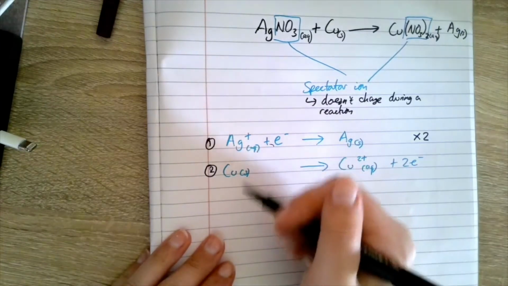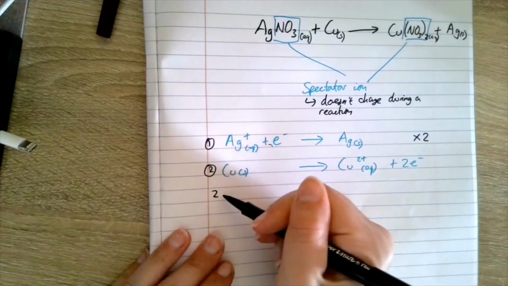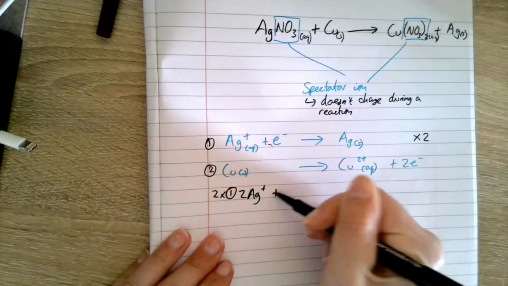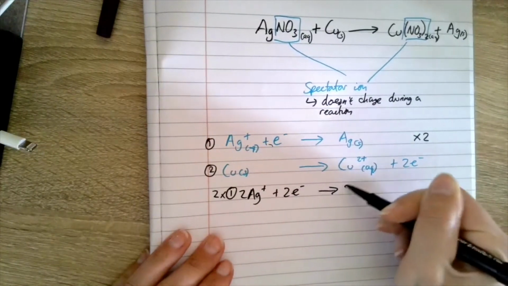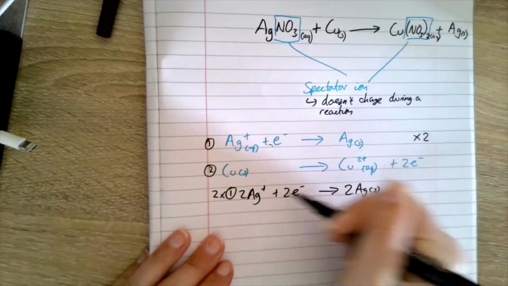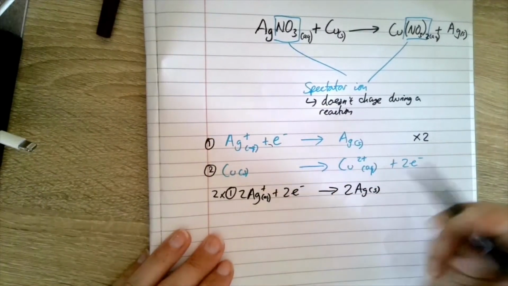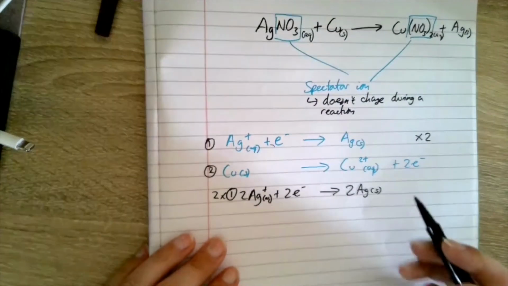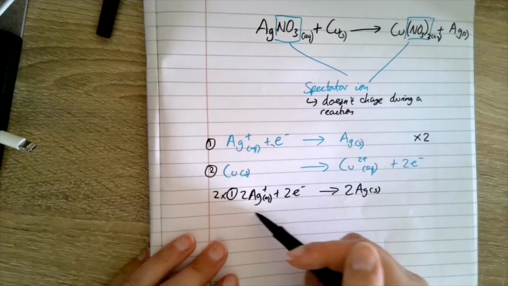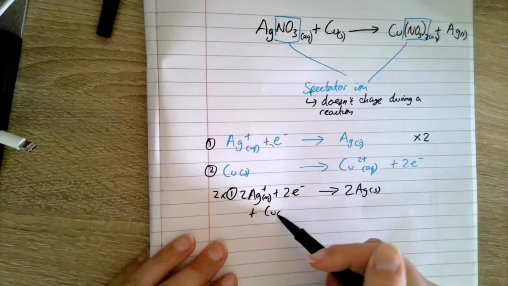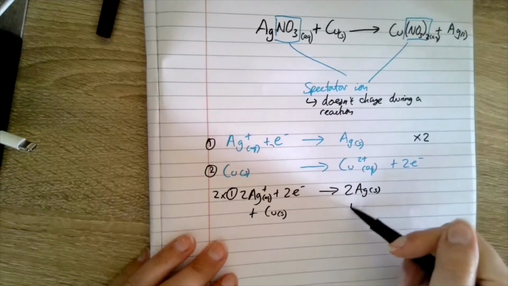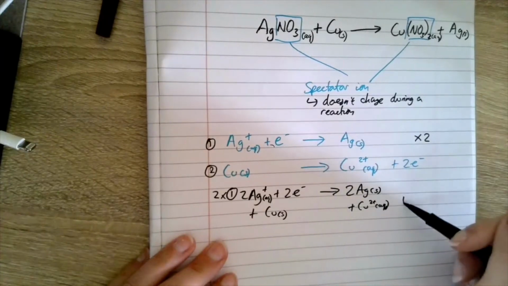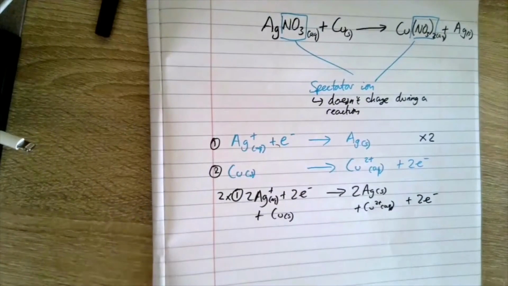So 2 lots of 1 is 2Ag plus 2e minus goes to 2Ag, and we're then going to add that to equation 2, so we're going to be adding Cu as a solid and adding Cu2 plus aqueous plus 2e minus.